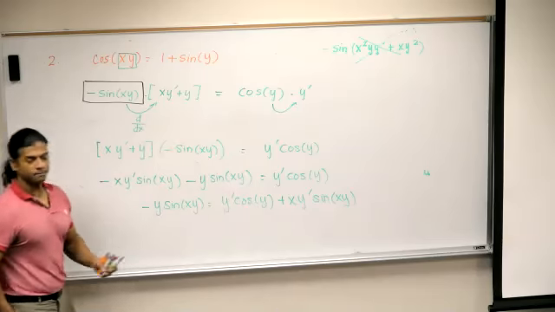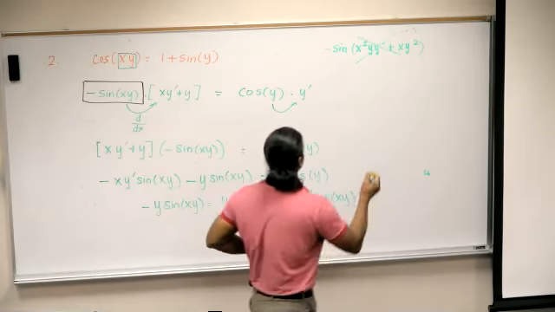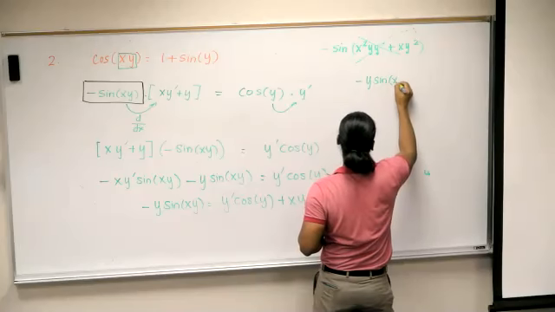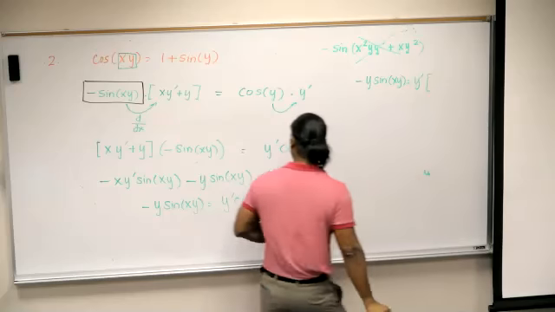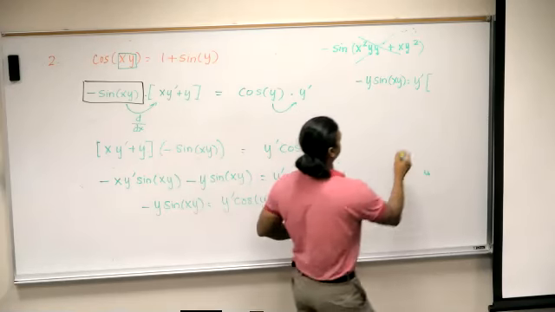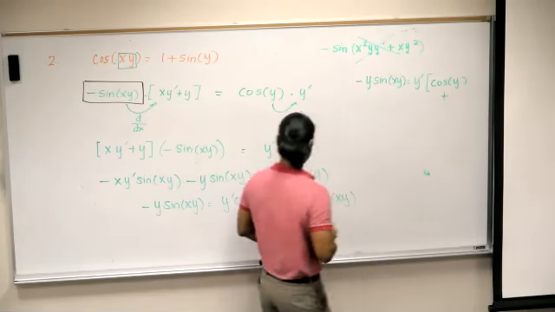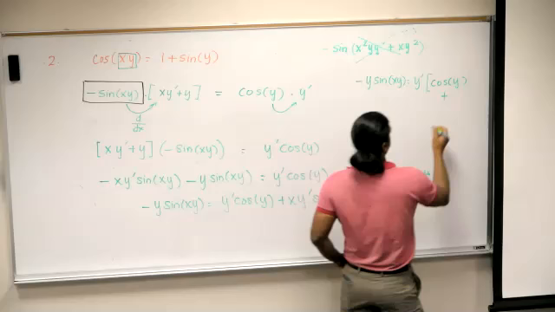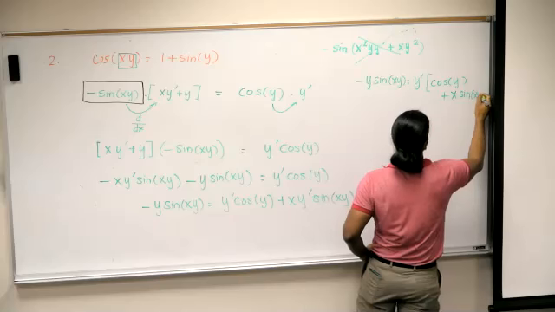Now we have y prime in common. So if I pull y prime out, I will have cosine y plus, I take the y prime out, so it's just x multiplied by sine xy.